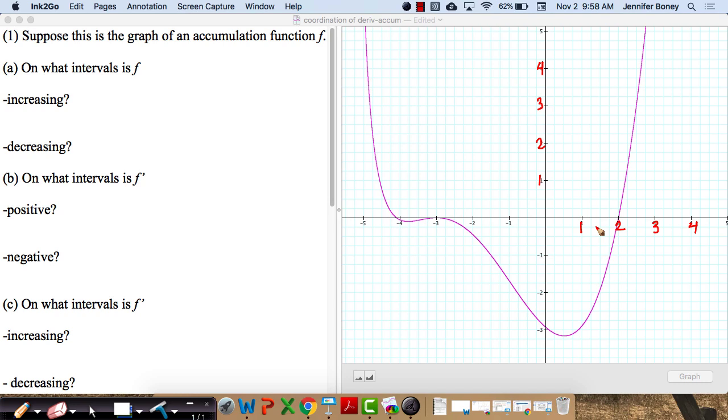But take a couple minutes, think about what intervals we've got here. We're going to talk about the function that you see, the accumulation increasing or decreasing, its rate of change being positive or negative, and its rate of change increasing or decreasing. Just estimate. It's hard to see all these precisely.